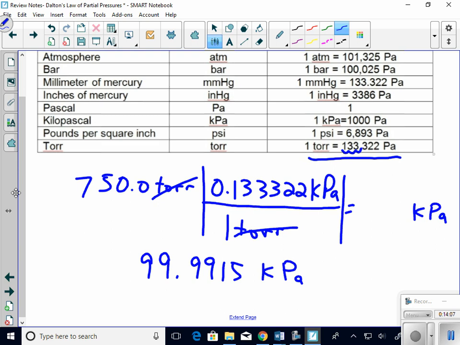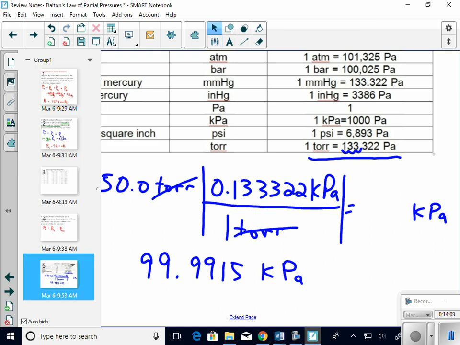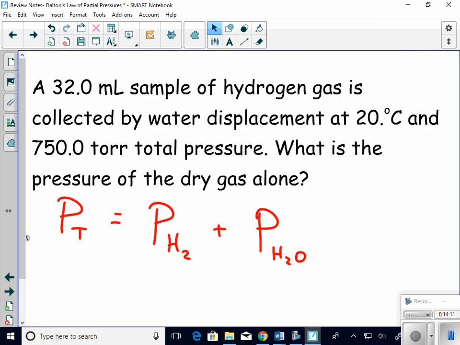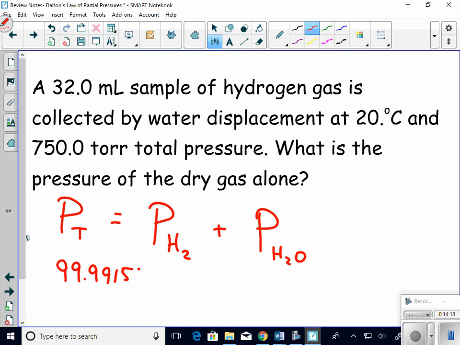So that is my total pressure. I come back to this problem. So my total pressure, 99.9915 kPa, is equal to my partial pressure of hydrogen plus my partial pressure of water. Now, I've got to go to my chart to get my partial pressure of water. I have 20 degrees Celsius.